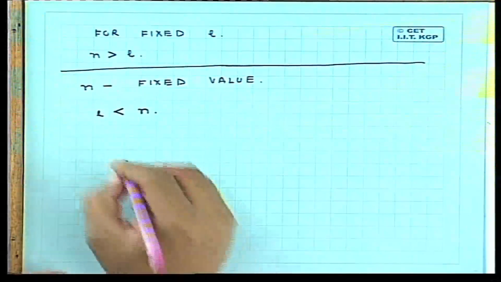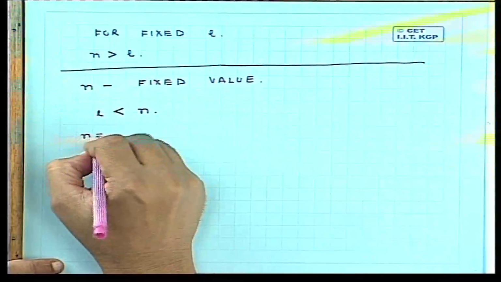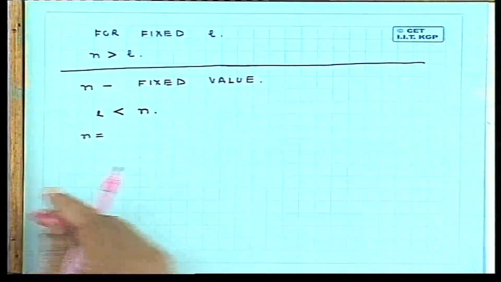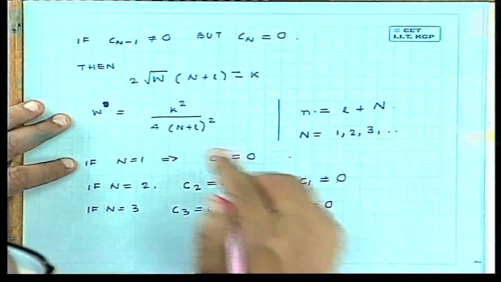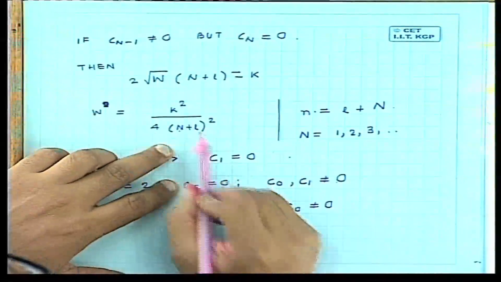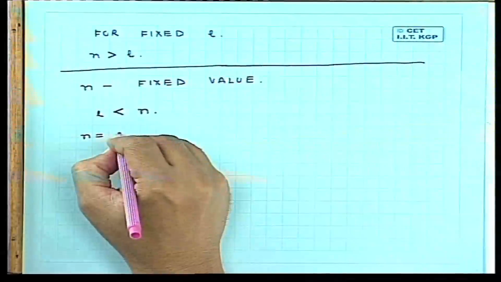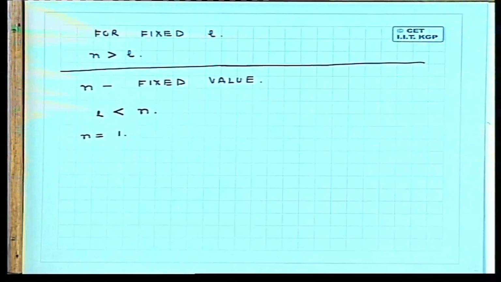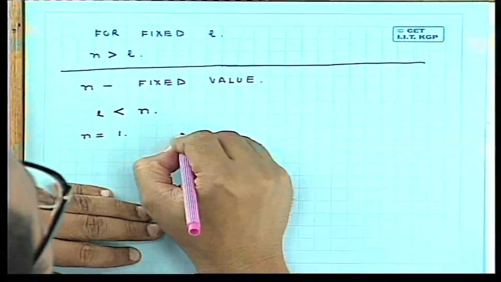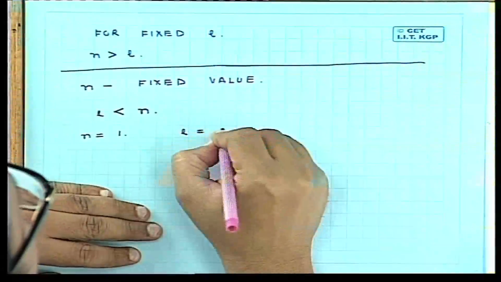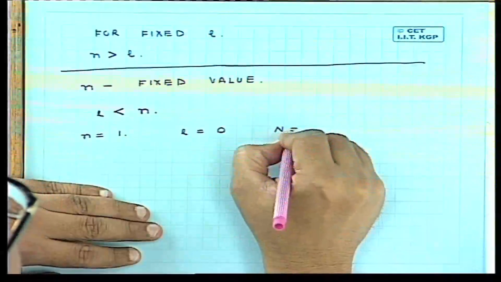For example, what is the lowest value which n, the sum of these two, can take? The lowest value is 1. So suppose I have n equal to 1. This corresponds to only one possibility, which is L equal to 0 and capital N equal to 1.